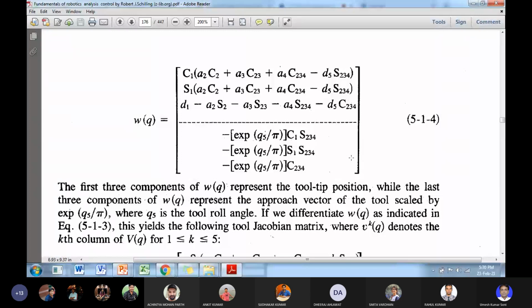Once you have completely studied the Jacobian matrix, then I will move to that topic which I had taken previously.